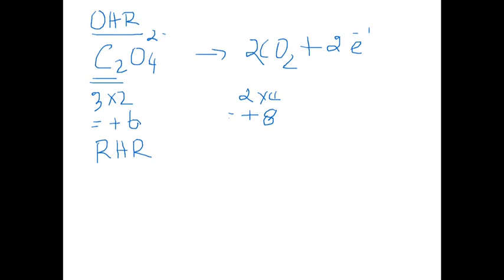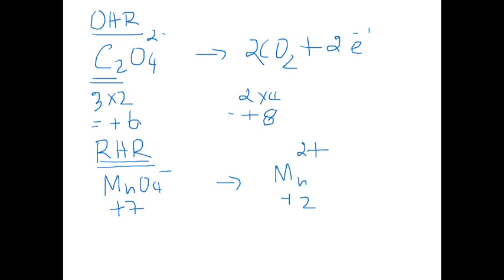Reduction half reaction. MnO4 minus gives you Mn2 plus. Here it's plus 7 changing to plus 2. For this change to happen, we have to add 5 moles of electrons.